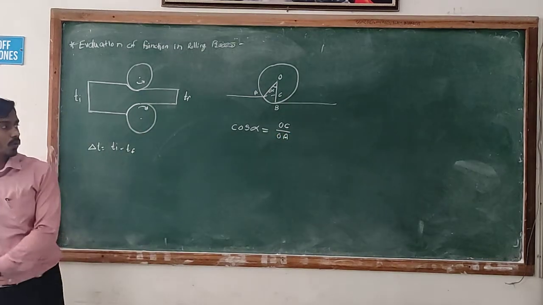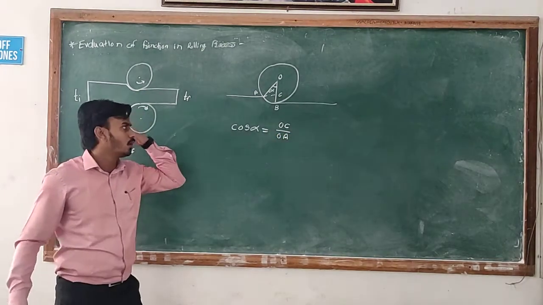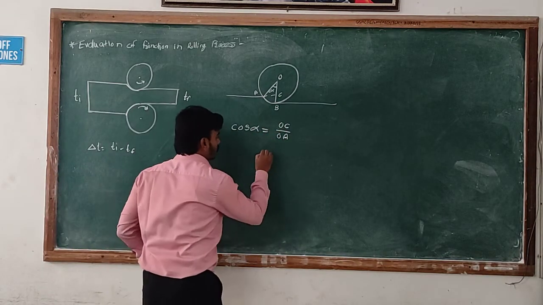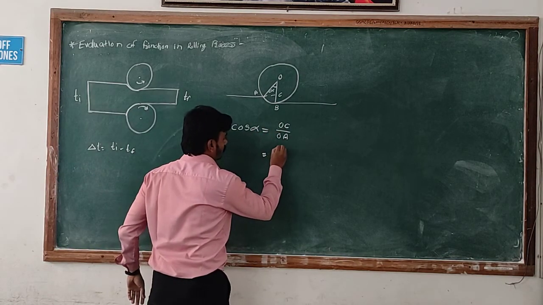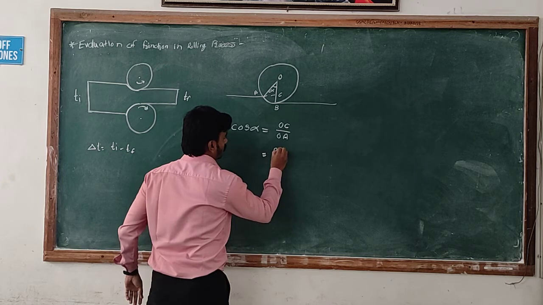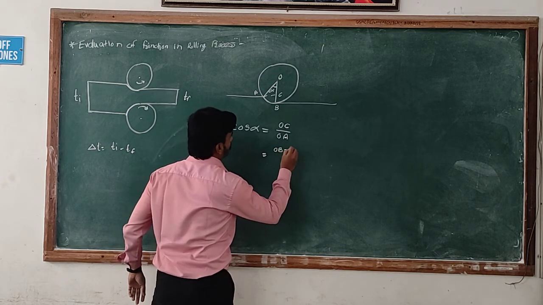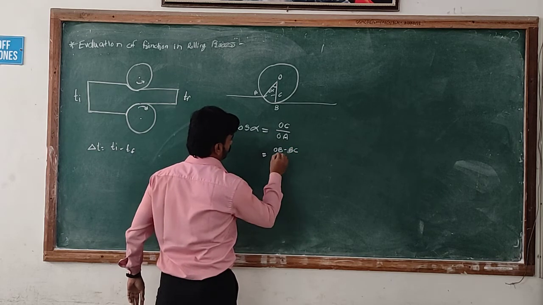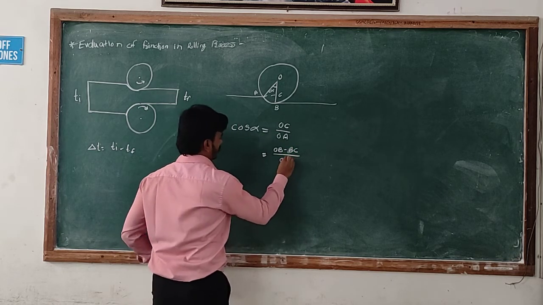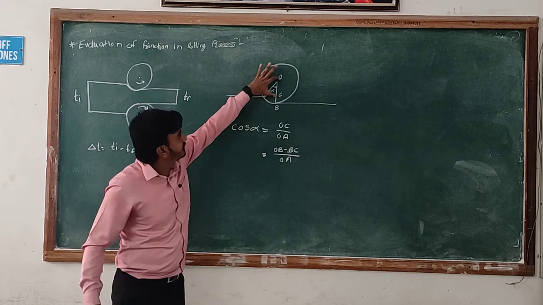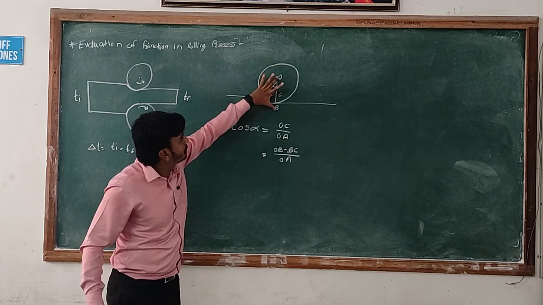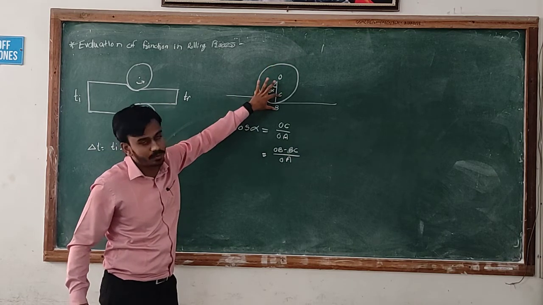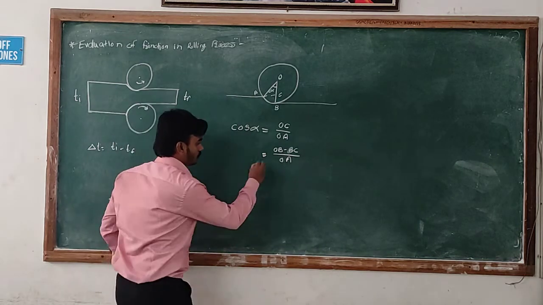Now we can write OC is equal to OB minus BC, divided by OA.